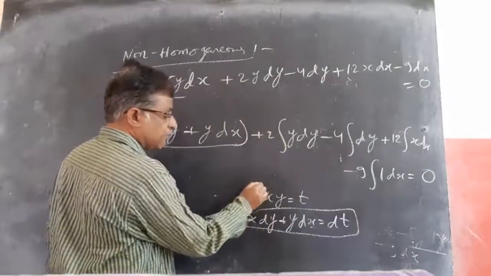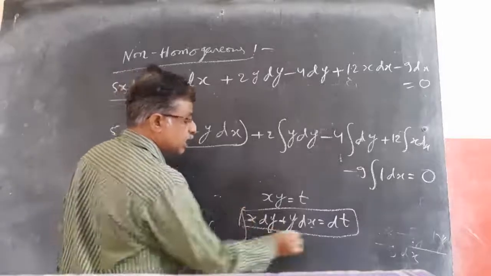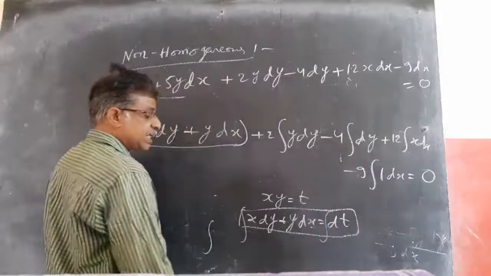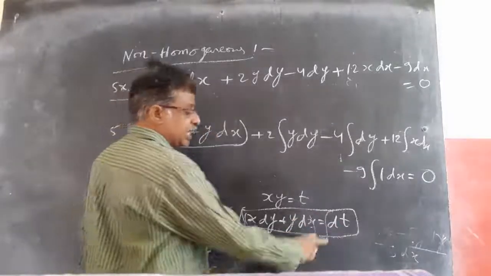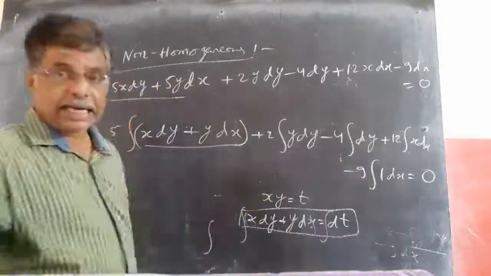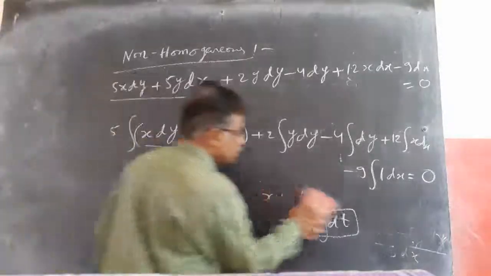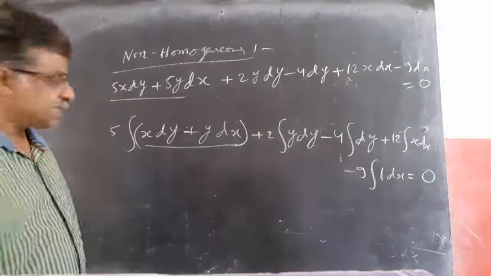So the integral of this part is the integral of dt, which is t, and t means xy. So the antiderivative is simply xy.